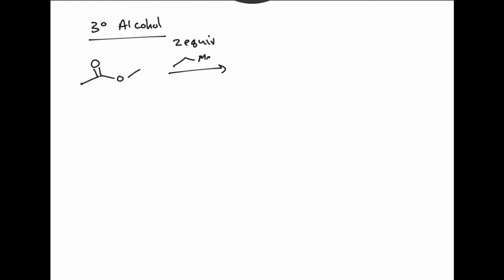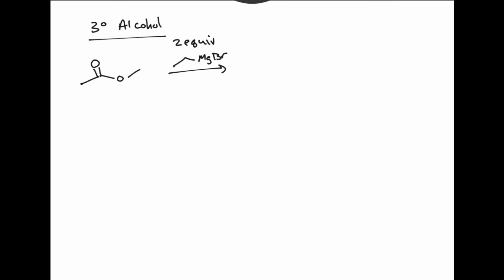All right, so to get the tertiary alcohol, you have to have your ester. You need to add 2 equivalents of your organometallic.